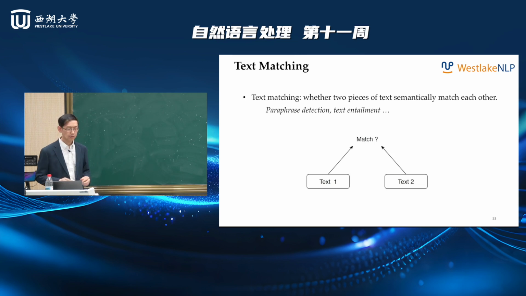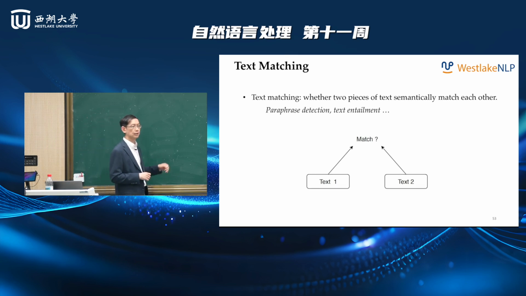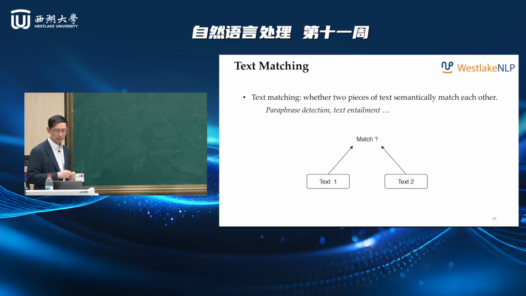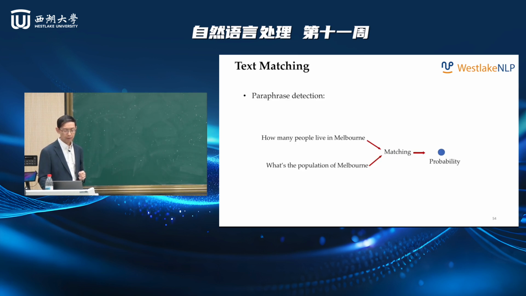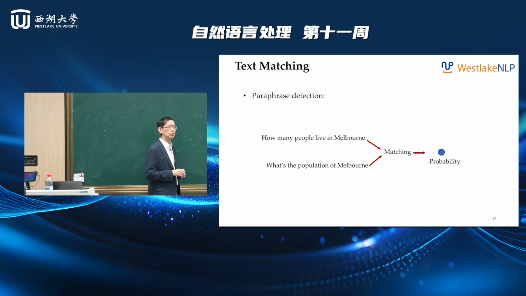Let's look at the first problem, which is text matching. The idea is like this. You have two texts, and they form a structure. One example is paraphrase detection. Paraphrase detection has two texts, and the output is how similar they are semantically.